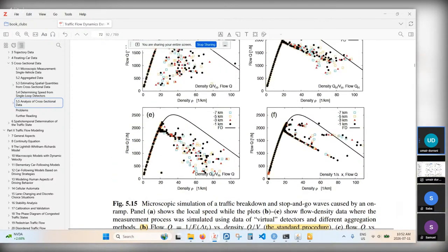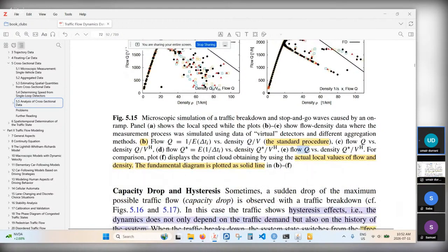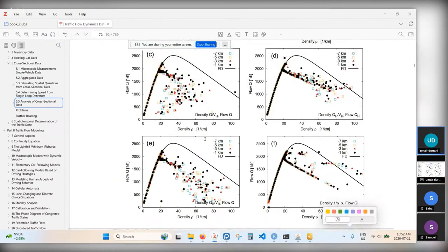And then we have part E, which uses the flow as this definition, and density as Q star over VH. So every single one of these plots gives us a different result. That's why it's important that we know exactly what definitions we are using for flow and density.